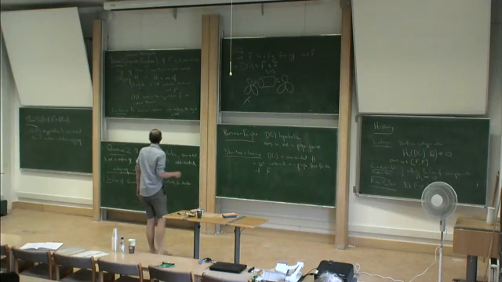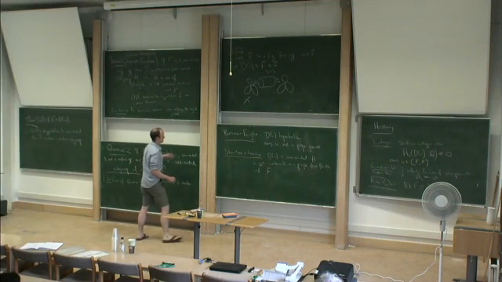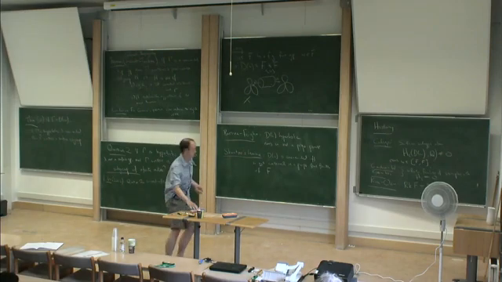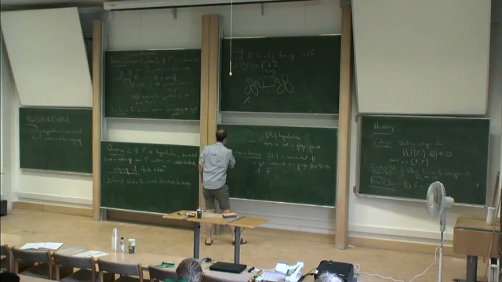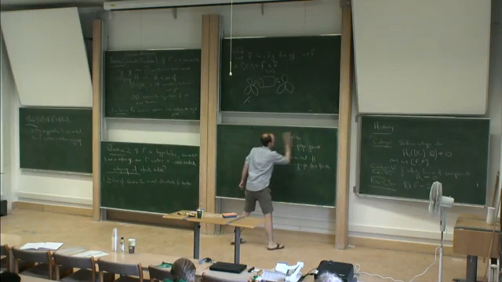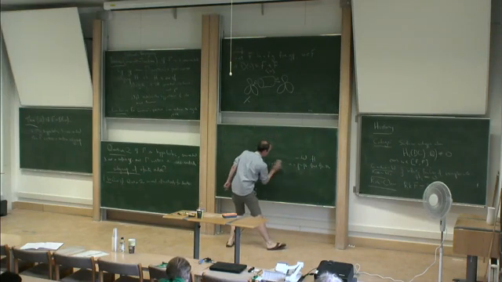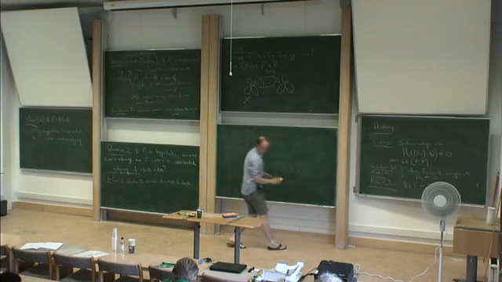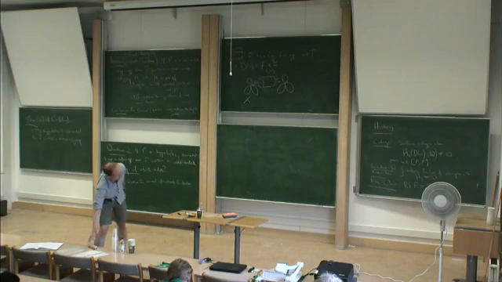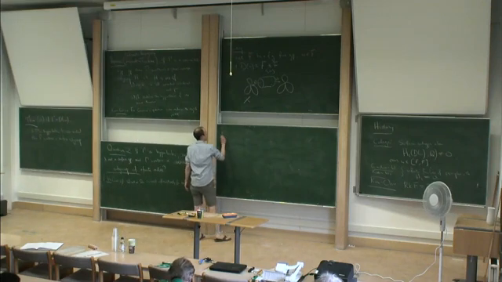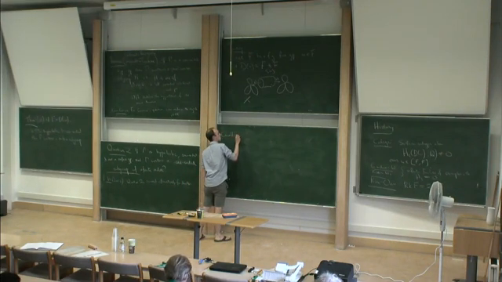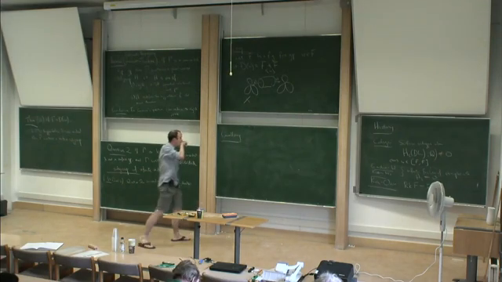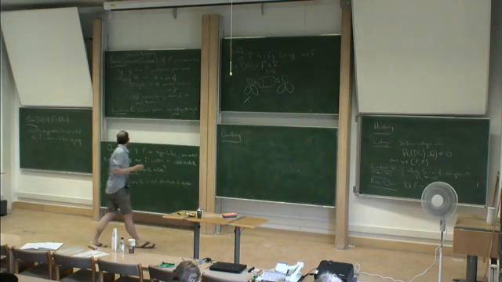Okay, so another corollary that one can state is that, how do I want to say this? Well, actually, I don't want to say it as a corollary. I want to say it as a moral.